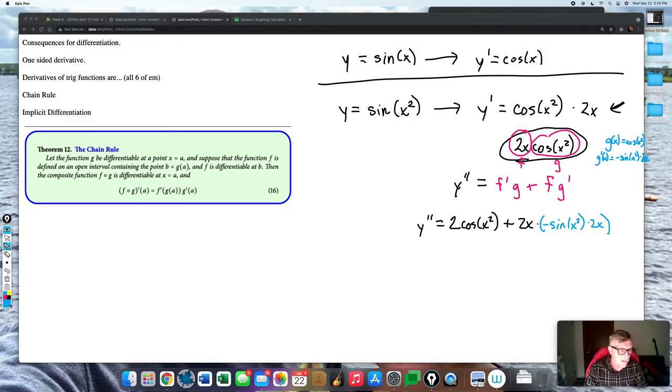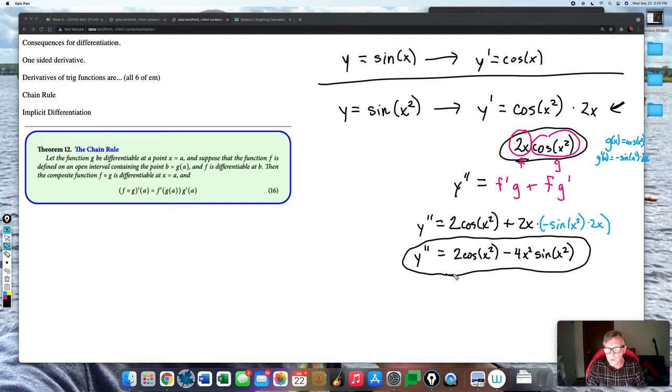And then, cleaning all this up, you can see this is looking pretty messy, isn't it? So this would be 2 times the cosine of x squared. Let's see, plus times minus is minus, 2x times 2x is 4x squared, so this would be minus 4x squared times the sine of x squared. And that would be the second derivative of this function, right?